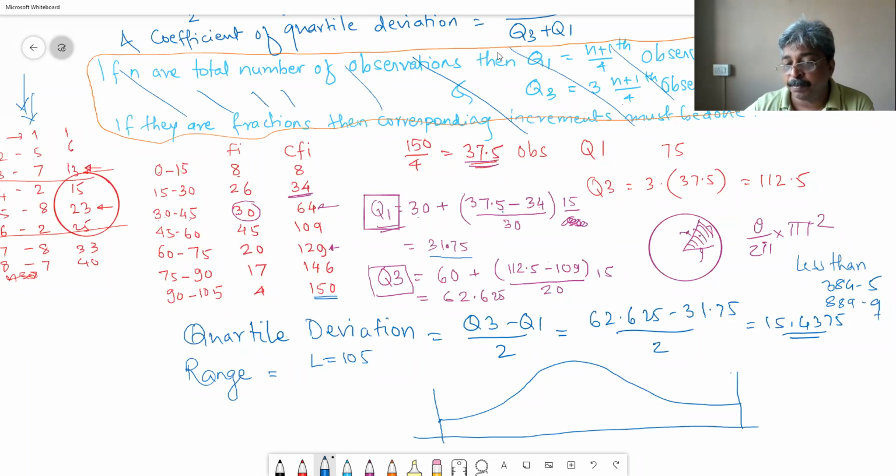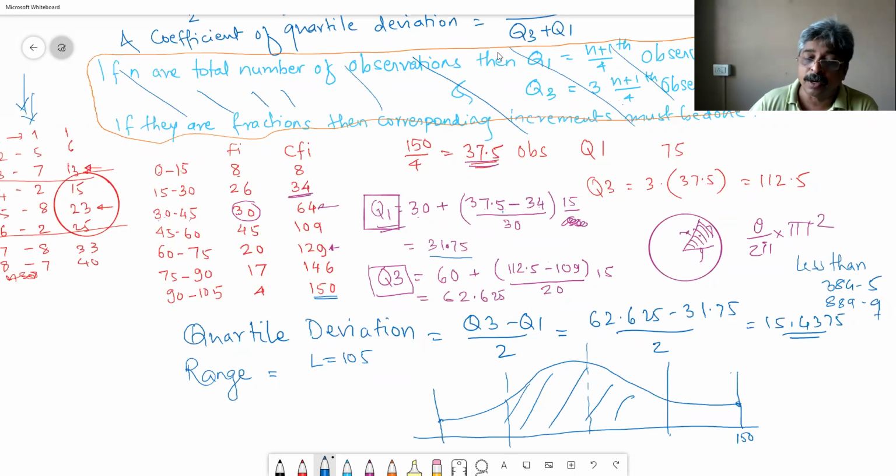If you really plot them, this is the 150th observation. Then quartile deviation says that you make 4 parts, and ignore these and just consider these many and talk about it. So don't be that technical as far as this number is concerned.